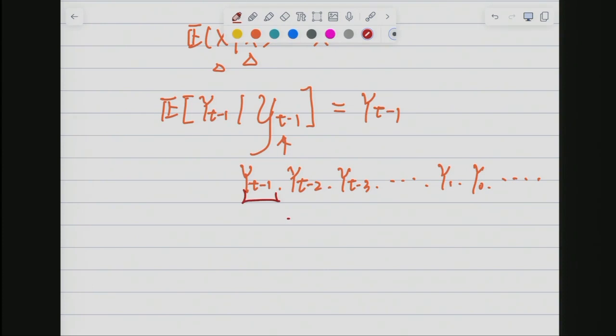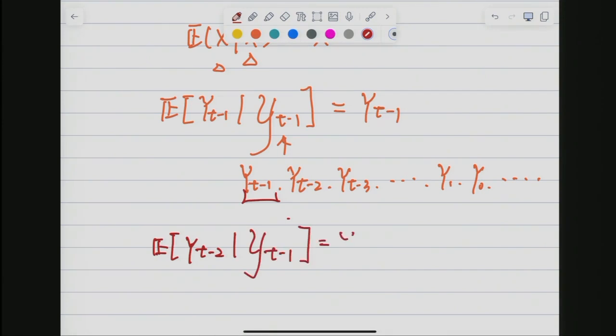Okay? And similarly, the conditional expectation of y_{t-2}, given all past history of y, must also equal itself, given that this is also given.